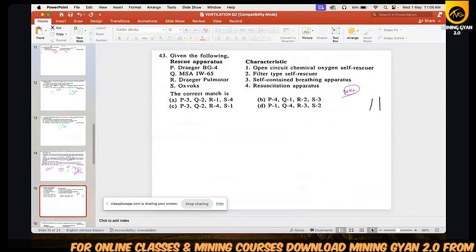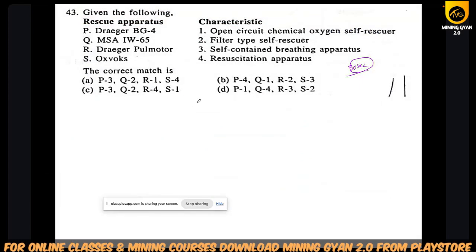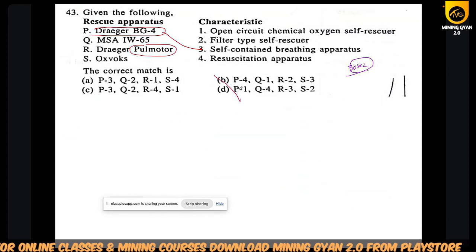How will I think? I will try this question or this type of question. First, I will see what I know. I know what the pulmotor is, and what the Drager BG is. Drager BG is the self-contained breathing apparatus. Okay, if I know this, I will eliminate the others.